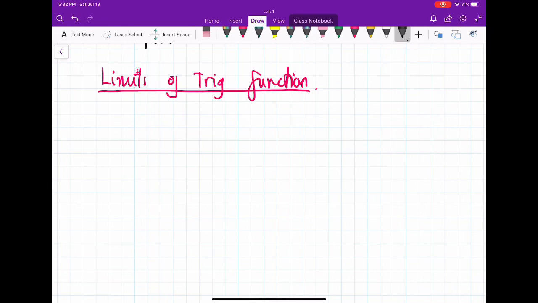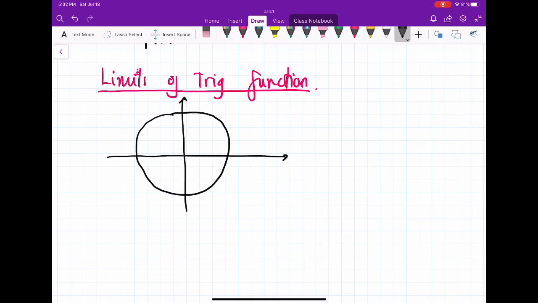When we're talking about trig functions, I always try to remind you and teach you to understand the unit circle, because that is really important to understand and to find limits of trig functions. So let's consider the unit circle right here.